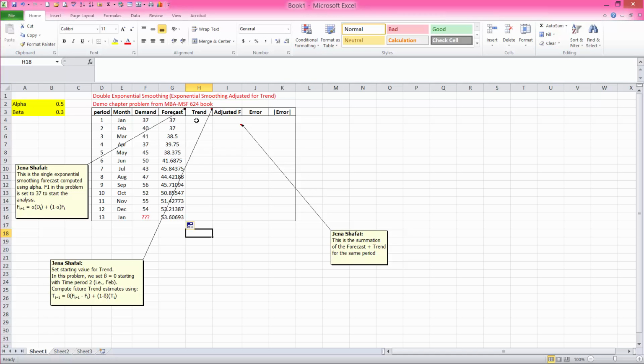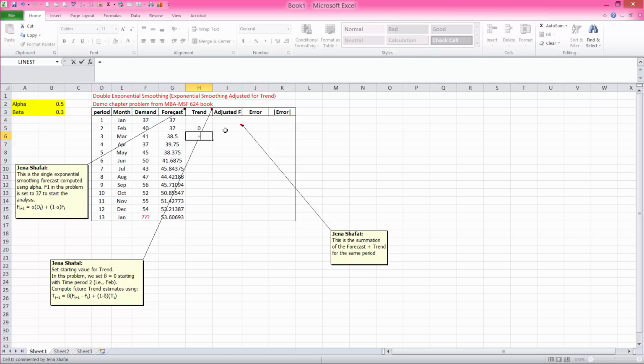Now for trend, we're going to skip over the first month because we didn't do any calculations for it. This 37 was assumed to be 37. To start off our trend analysis, we also need a starting trend value. This book uses a 0 to start off the analysis. To compute future ones, we use this equation. Again, I will fix the cell reference as I'm typing.